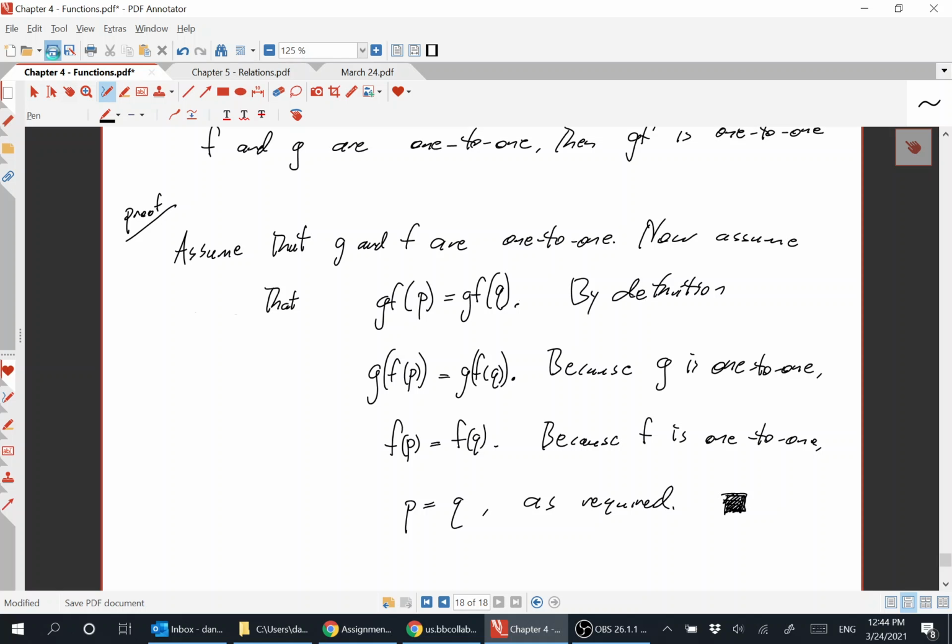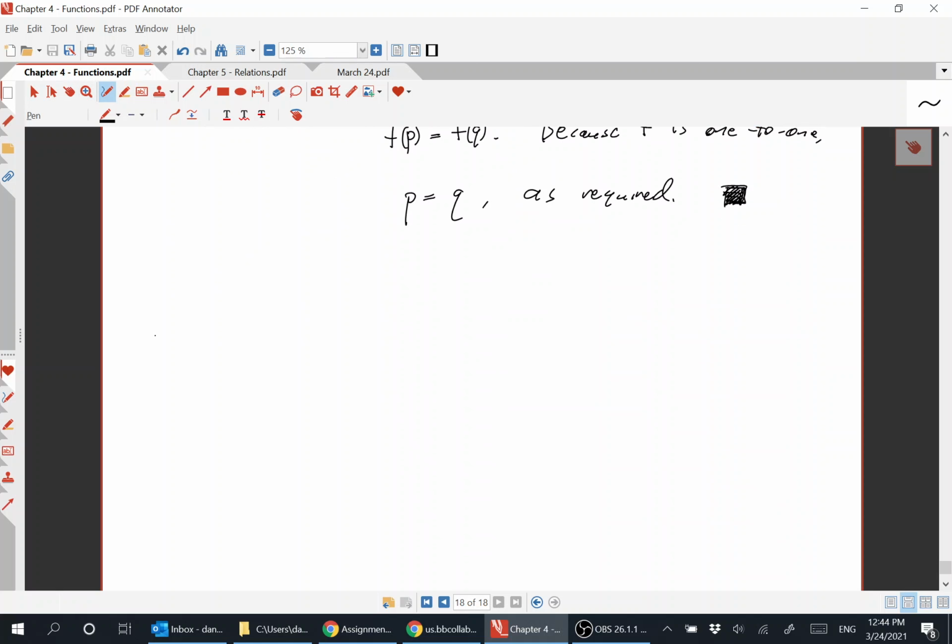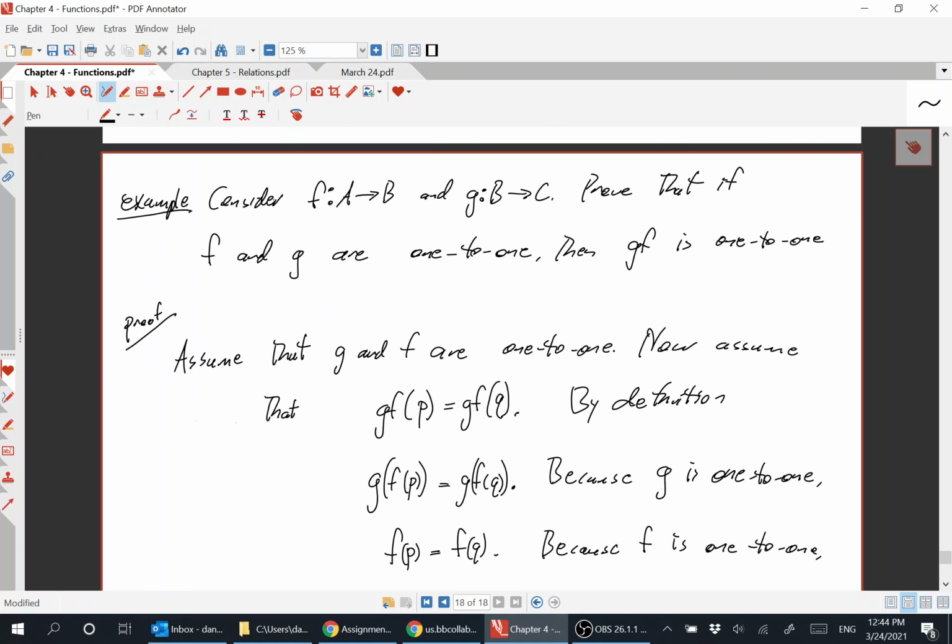All right, so compositions of injective or one-to-one functions give you one-to-one functions. Same deal with surjective functions. So, same example.